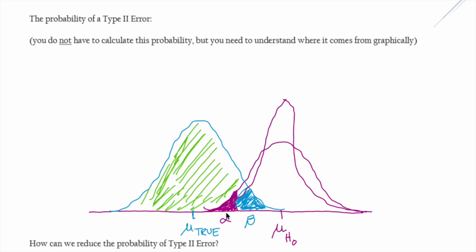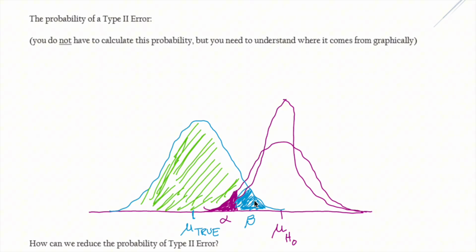This region becomes alpha, and as we move this vertical line, for example, visually imagine that it's lined up there, then we will increase the alpha level, which means we increase the significance level, and the power is also increased.